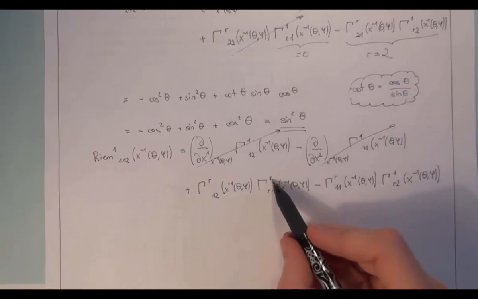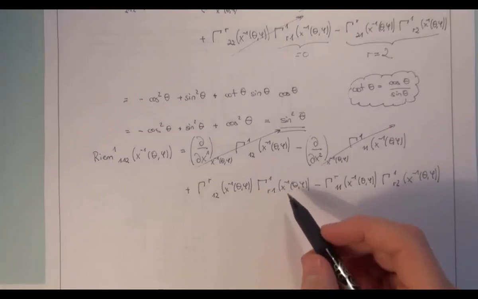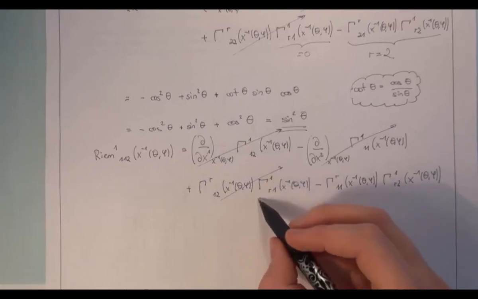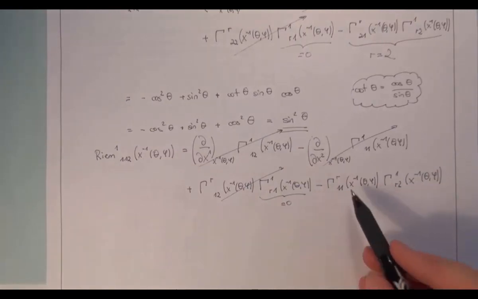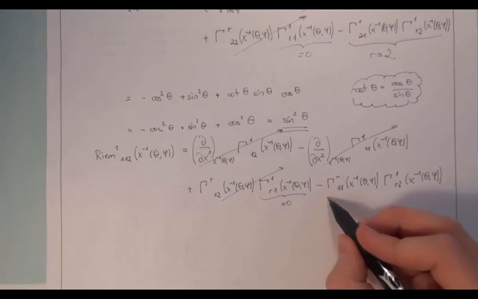Here we again get a term gamma 1, r 1, where we see this also vanishes independently of any r, so this term is gone since this is 0. And here we have a gamma with two 1s in the lower indices.